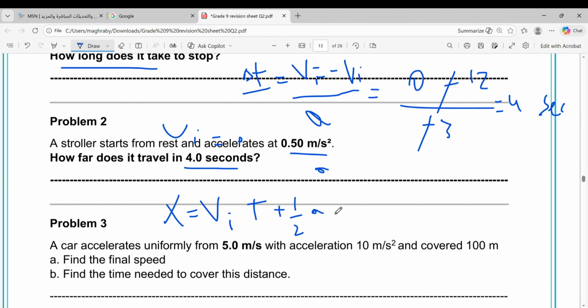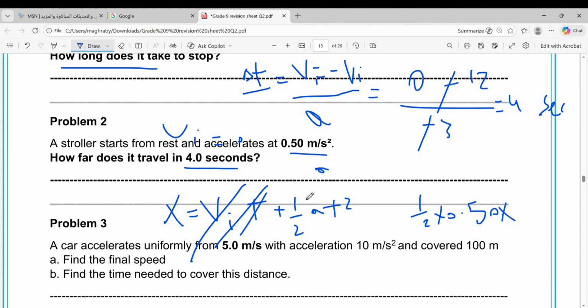Okay, v initial is 0 because it starts from rest, so this part is 0, because 0 times time equals 0. So the second part is half times a. Half times a is 0.50, so 0.50 times t squared.